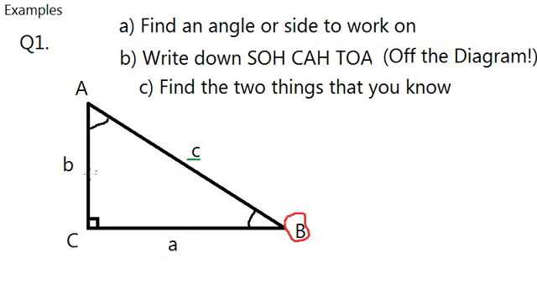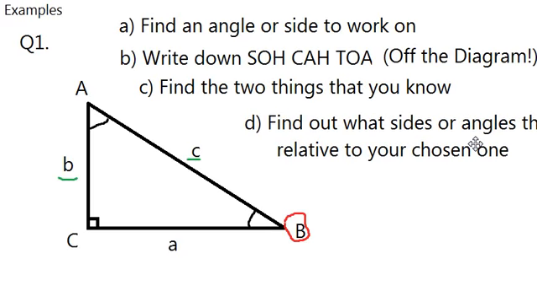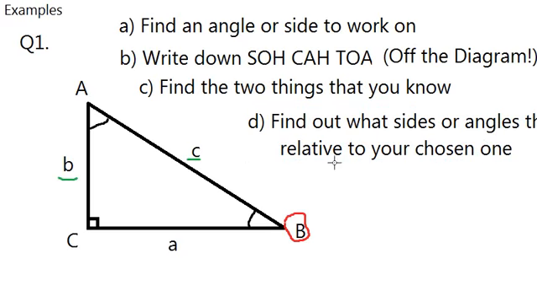So I've got this and this. Now what you have to do is decide what they are relative to this chosen angle. And yeah, that is quite challenging for some people, and I ran out of space.